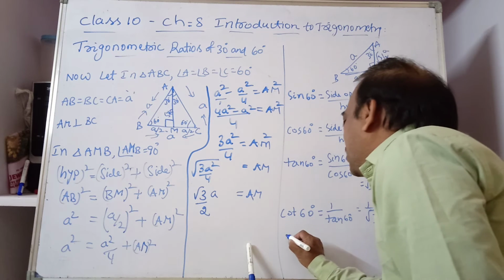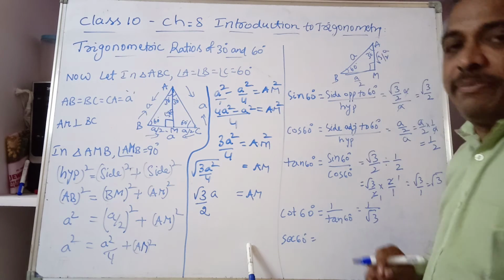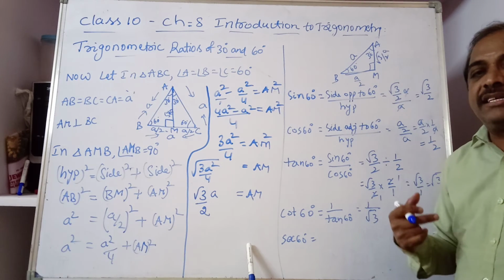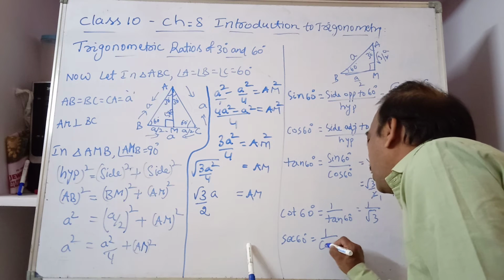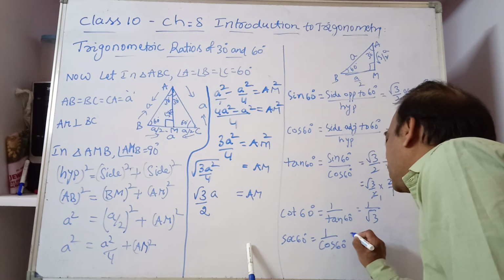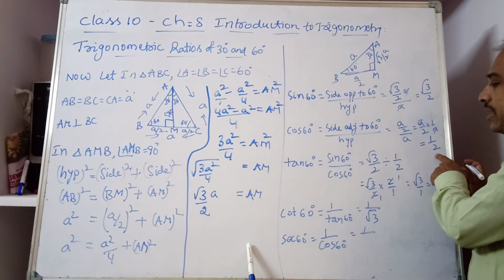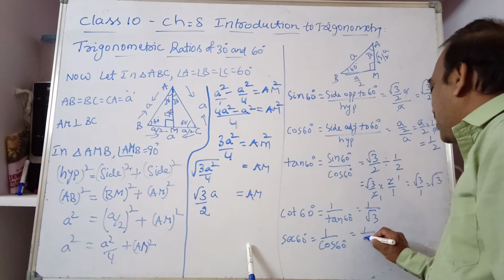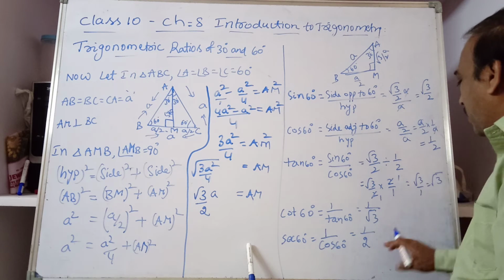Then secant 60 degrees. Secant is the reciprocal of cos. So 1 by cos 60 degrees, which is 1 by, the cos 60 value we got, 1 by 2.